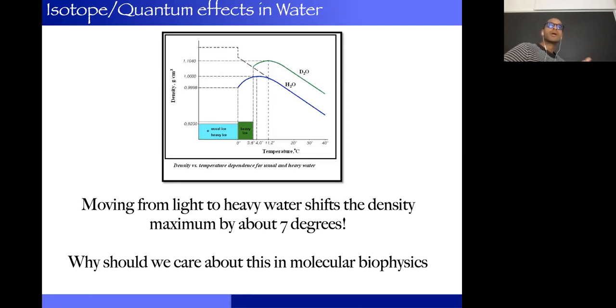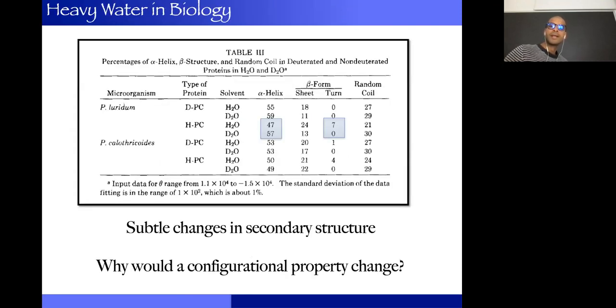And so there are two questions. Why should you care about this in the context of molecular biophysics? And what's the source of this phenomenon? I tried to dig this out.